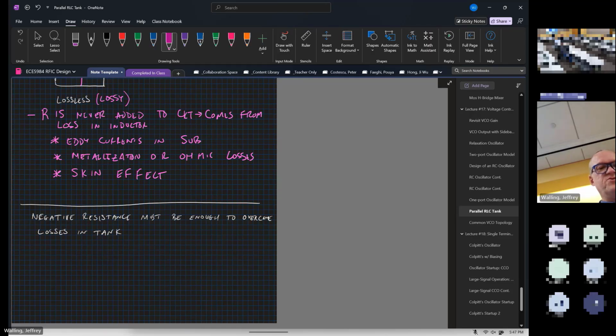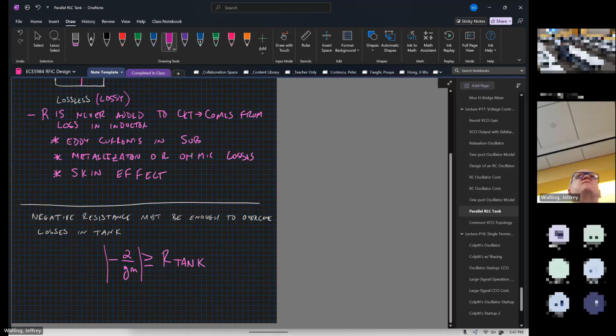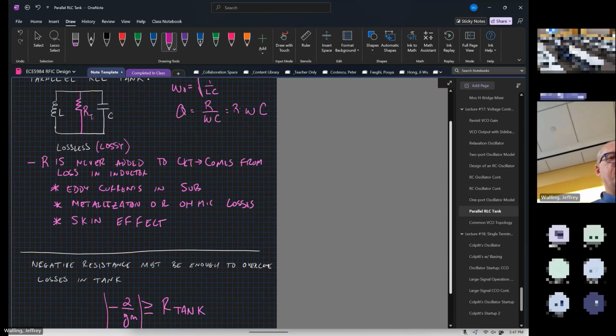In other words, we have a condition that says that the magnitude of -2/GM must be greater than or equal to the tank resistance. Let's label this R tank just so we can see what we're talking about.